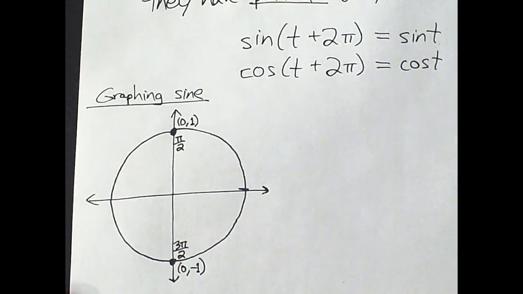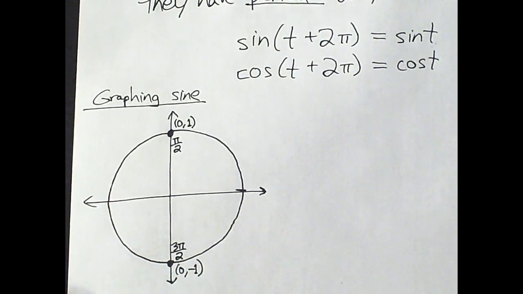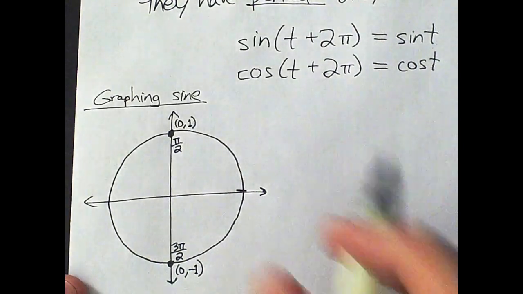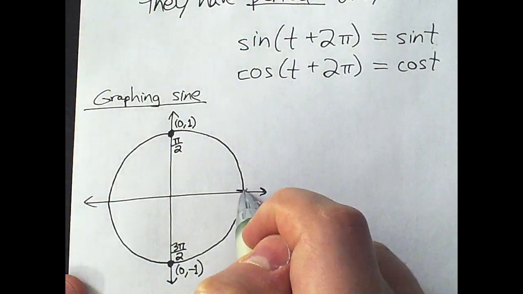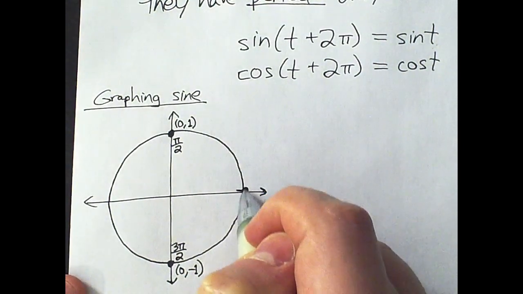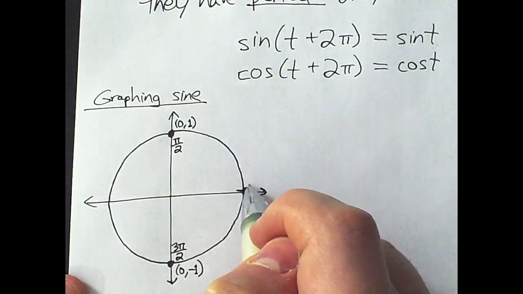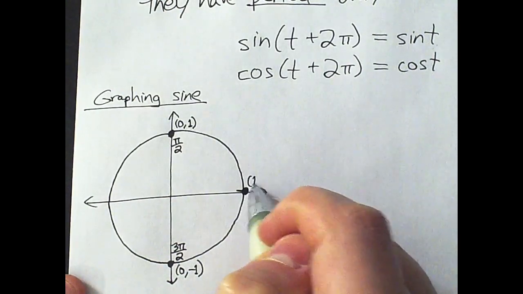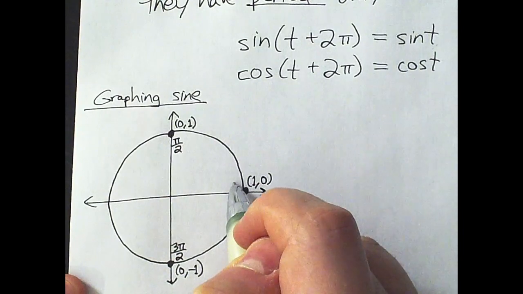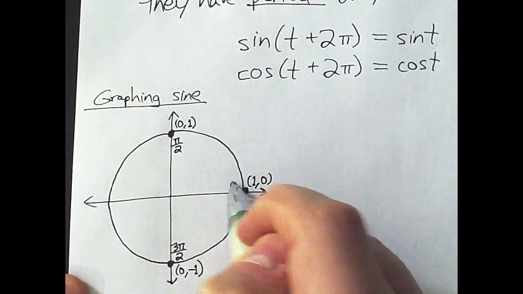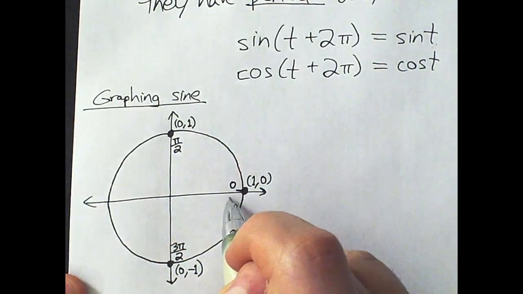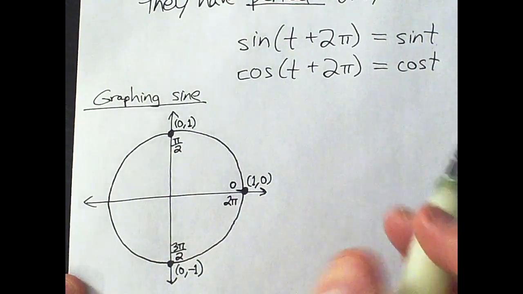How about this? Does sine of t ever equal 0? Yeah, it does. The y-coordinate of a terminal point does equal 0 in 2 places. In fact, it happens here at 1, 0, which corresponds to the t value of 0 or the t value of 2 pi. You could think of it both ways.